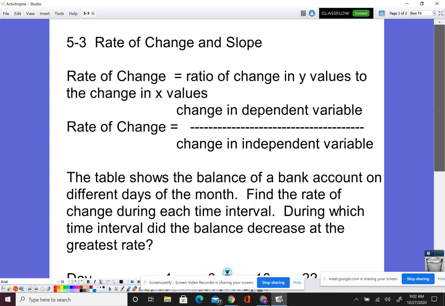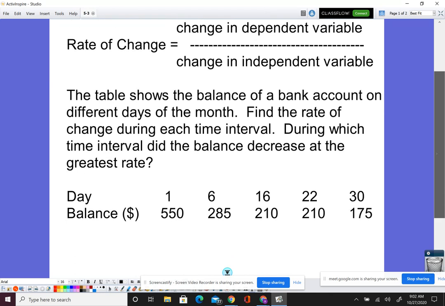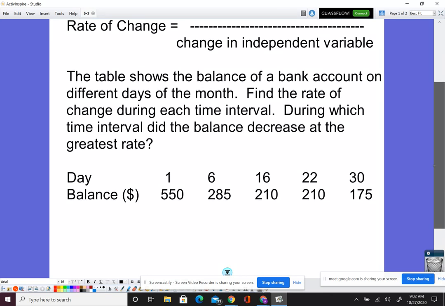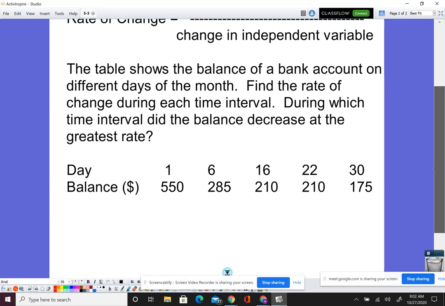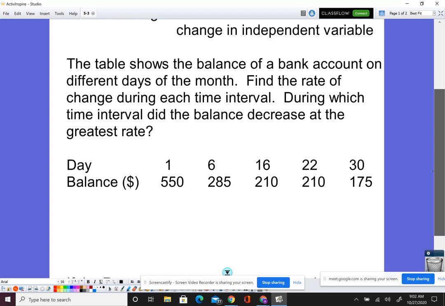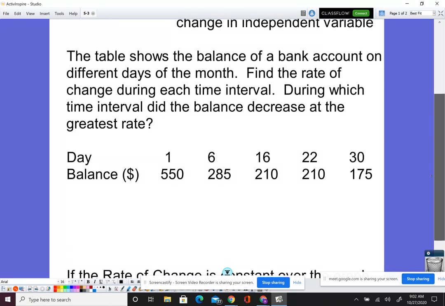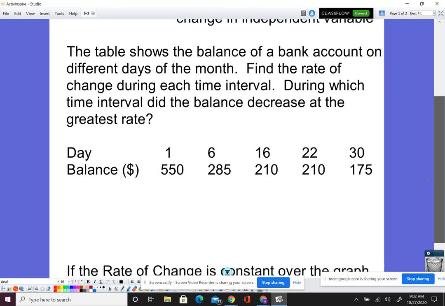So I have a table here that shows the balance of a bank account on different days of the month. So on the first day, their balance was 550, on the sixth day, 285, and so on. Question is, during which time interval did the balance decrease at the greatest rate?